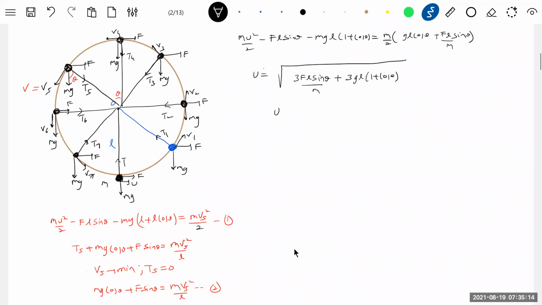Now we'll do one thing. We'll rearrange this: 3GL cos theta. Again, differentiating this with respect to theta and equating to 0. I'll differentiate first.